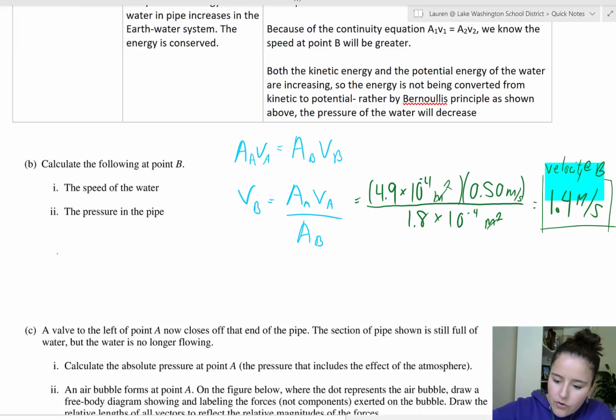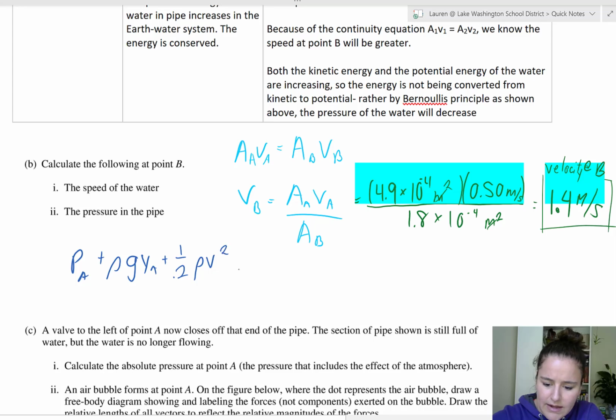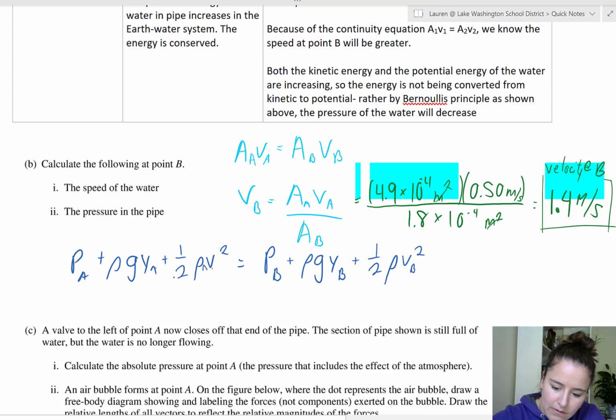So for the pressure in the pipe, we start with Bernoulli's: P, pressure at A, plus rho g height A, plus 1/2 rho v squared, equals the pressure at B plus rho g y B plus 1/2 rho the velocity at B squared.